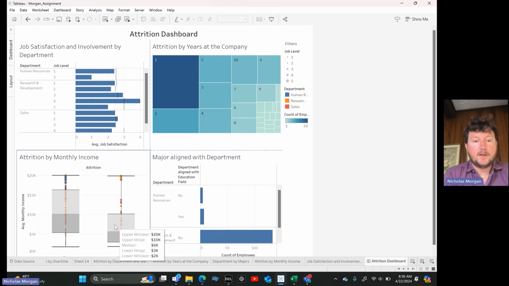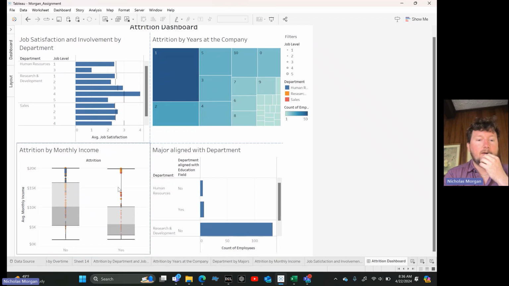I mean, it is clear as day: these people that don't earn as much per month are leaving, because you can see right here the box and whisker plot is a lot lower on the average and median, upper and lower values, versus the people who stayed, whose monthly pay is a lot higher.